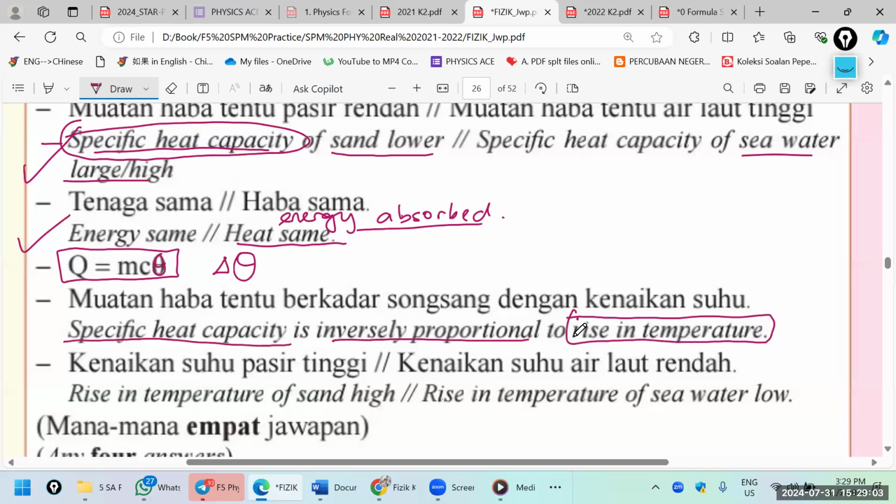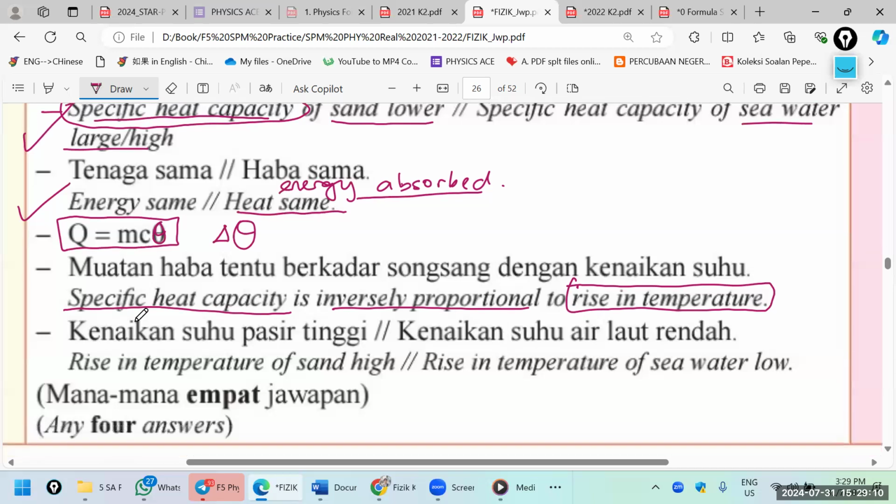It is not just temperature, it is rise in temperature. Then we say the rise in temperature of sand is higher than the rise in temperature of seawater.